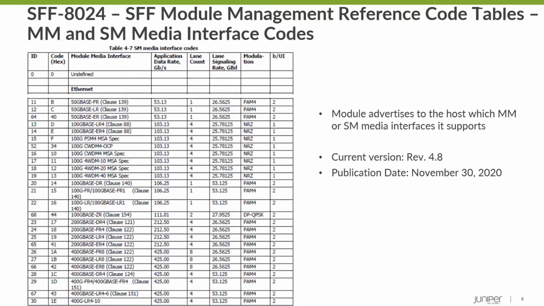Now on this slide is a table for single mode media interface codes. There's also one for multimode. And so the module advertises what it's capable of doing. And CMIS now allows the module to have more than one application, and it's advertising, and then the host software selects from the advertised options.